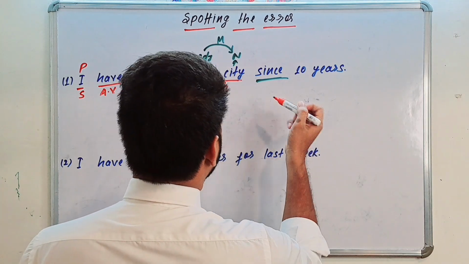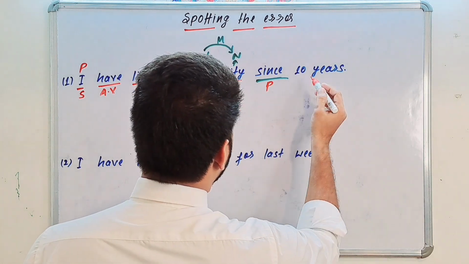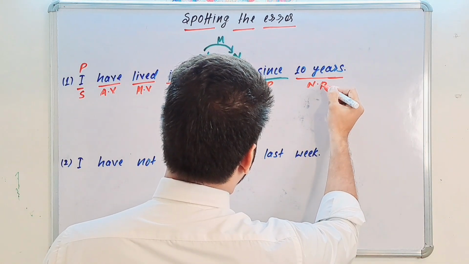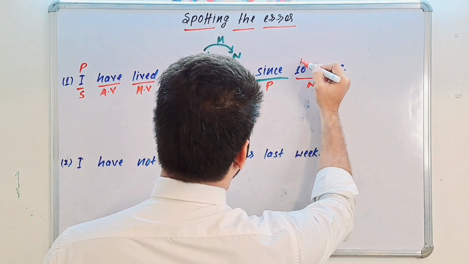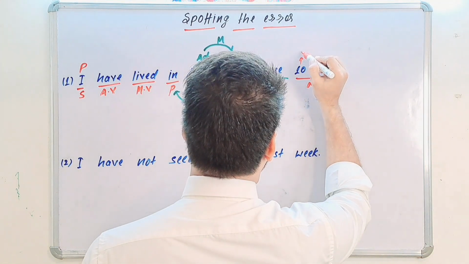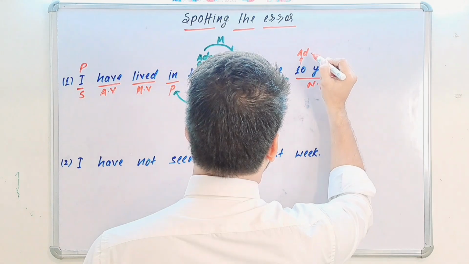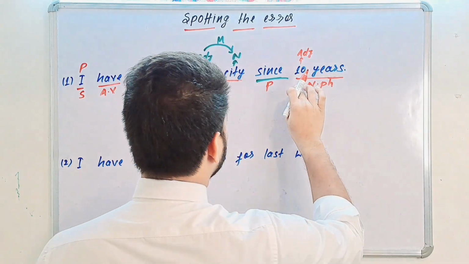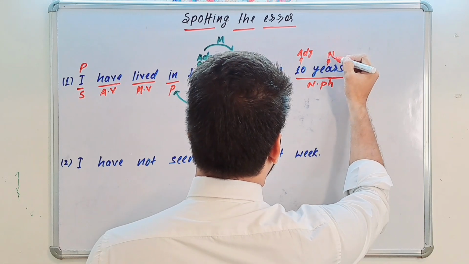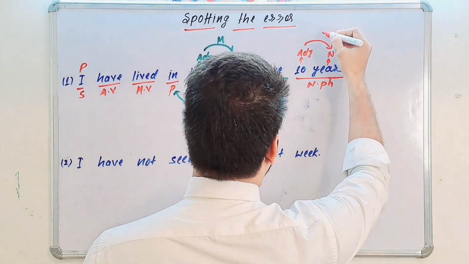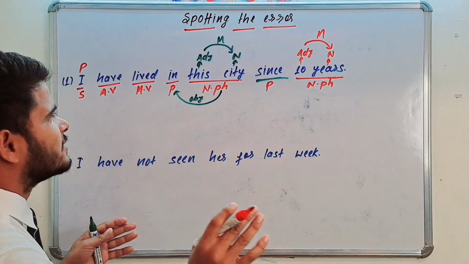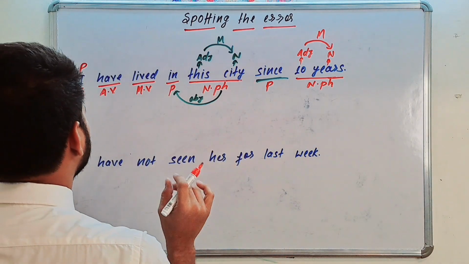Now, "since" is a preposition, and again "10 years" is a noun phrase. Here "10" is a numeral adjective, an adjective of number, and "years" is a noun; it modifies the noun. I showed you everything, but where is the error part in the first sentence?